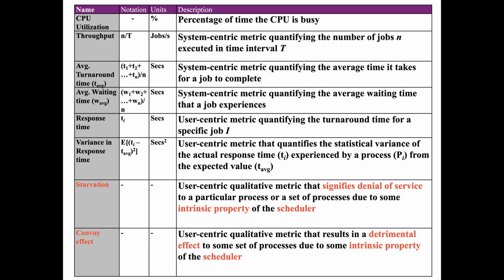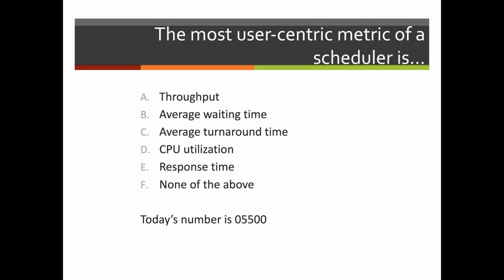And so when we think about the various metrics that we discussed, let's consider that we want to think of the most user-centric metric of a scheduler. And what is considered a user-centric metric? Is it throughput? Is it the average waiting time, the average turnaround time, CPU utilization, response time, or none of the above?